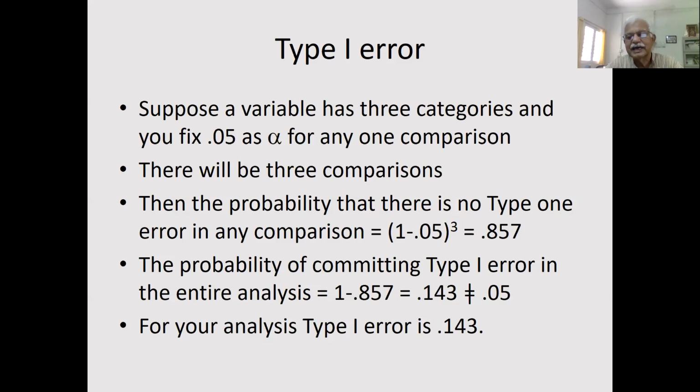And so the type 1 error of the entire analysis would be 1 minus 0.857 equal to 0.143. If in place of 0.143 you make it 0.05, then in place of 0.857 you will be using 0.95, and what will be the value in place of 0.05, which if subtracted from 1 and raised to power 3 gives you that 0.95, that can be computed.